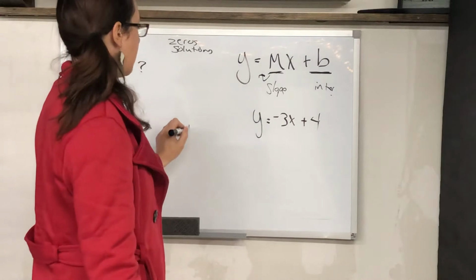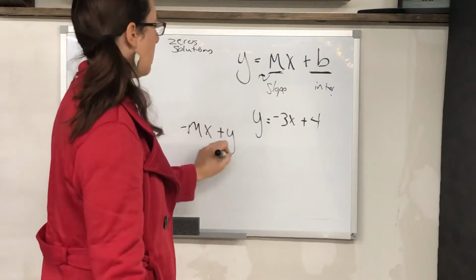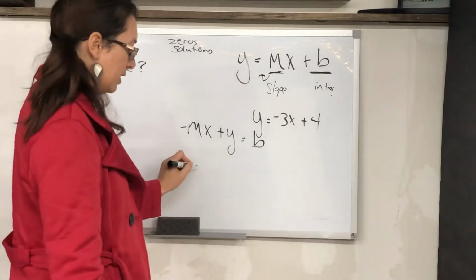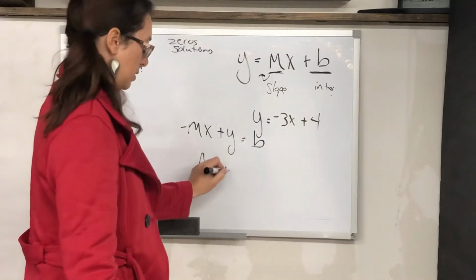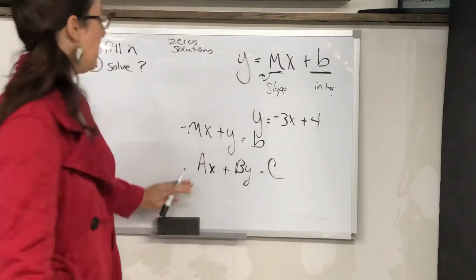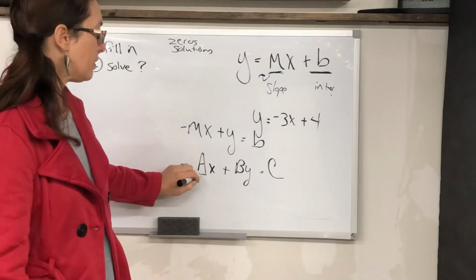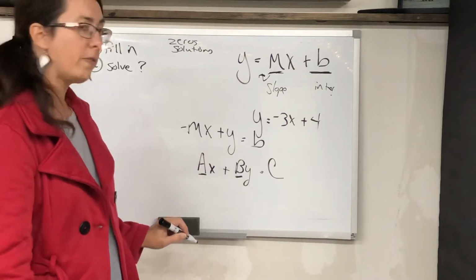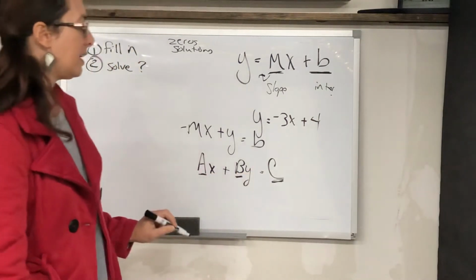So in this case, I have -mx plus y equals b. In the terms, they say ax plus by equals c. If you start your equation like this, the coefficient of x is a, the coefficient of y is b, and your constant is c.